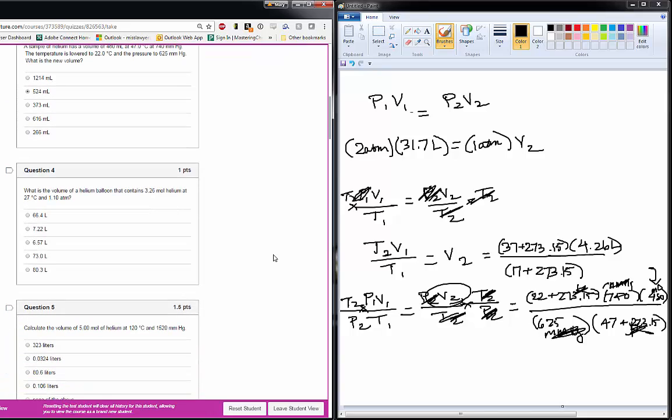Now, question 4 says, what's the volume of a helium balloon that contains 3.26 moles helium at 27 degrees Celsius and 1.1 atmosphere? I don't have initial and final conditions, so I have to use just the ideal gas law here, which is fine. PV equals nRT, and they want volume, so I'm going to divide both sides by P. So V equals nRT over P. N is number of moles, that's 3.26.